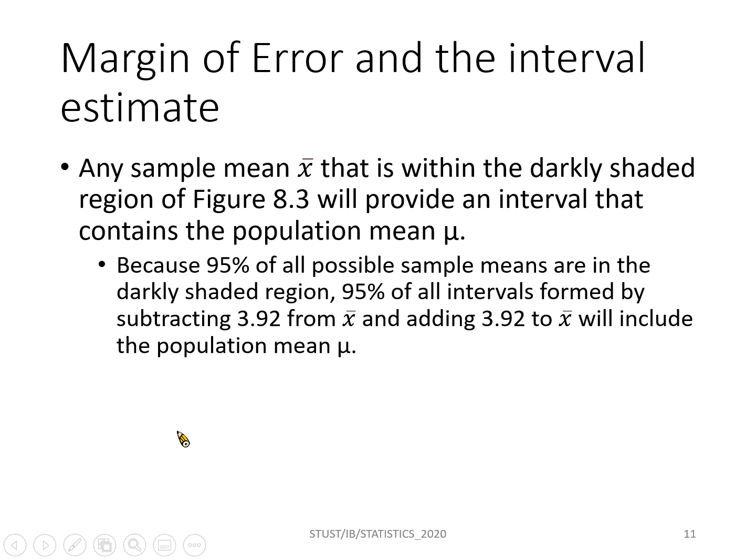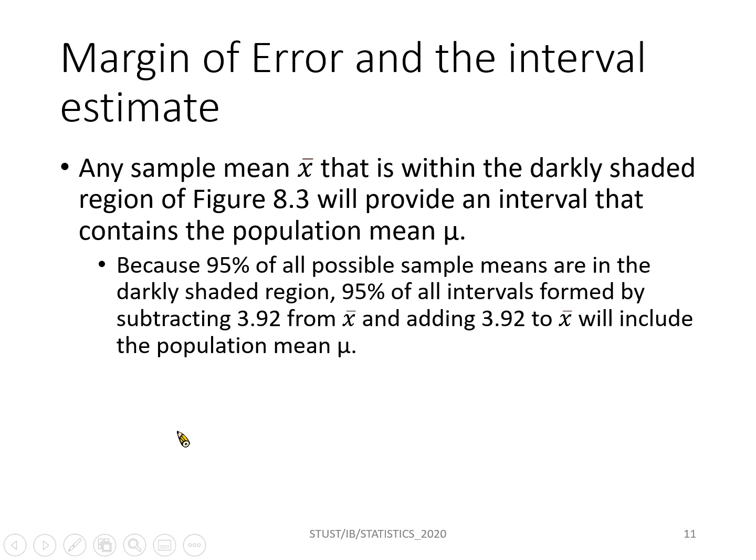So any sample mean x bar within the darkly shaded region of figure 8.3 provides an interval that contains the population mean, formed by plus or minus the z value multiplied by the standard error.